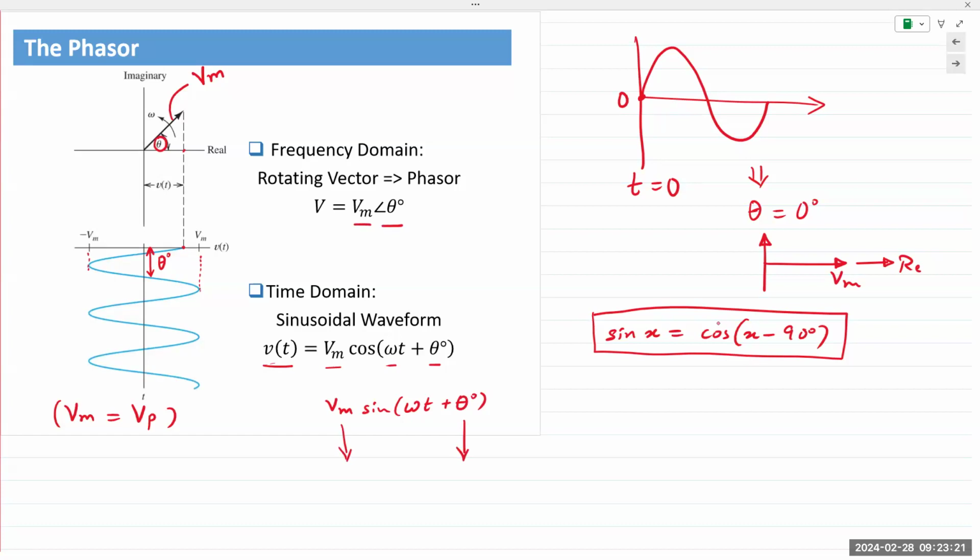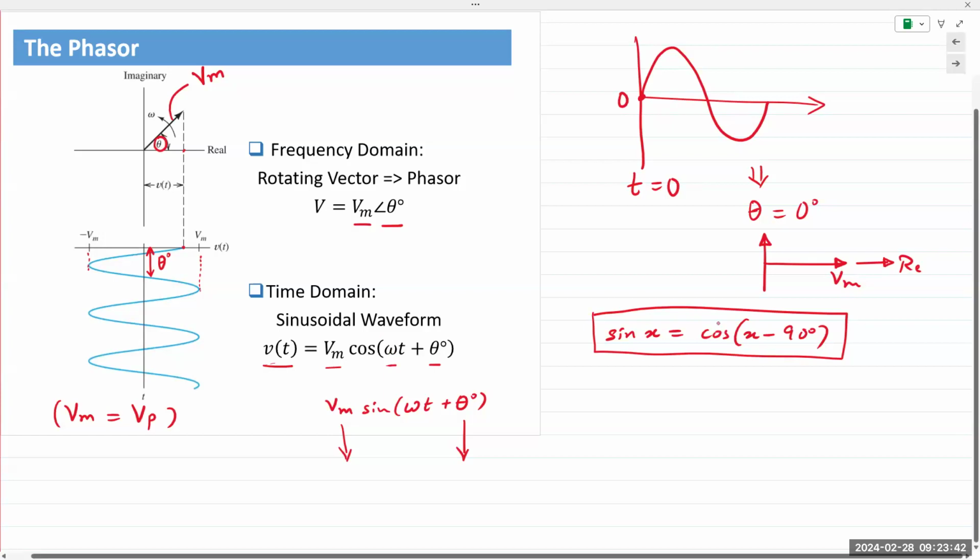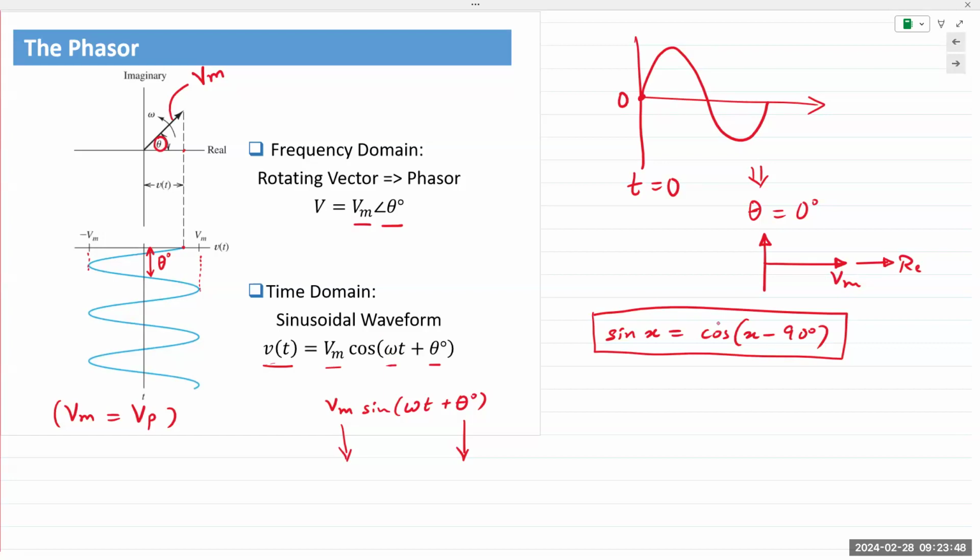Omega, which is included in the time domain expression and describes the frequency of the waveform, is not used for the vector. The vector needs only two things to describe it, the magnitude and the phase angle. So simply Vm with a phase angle of theta.